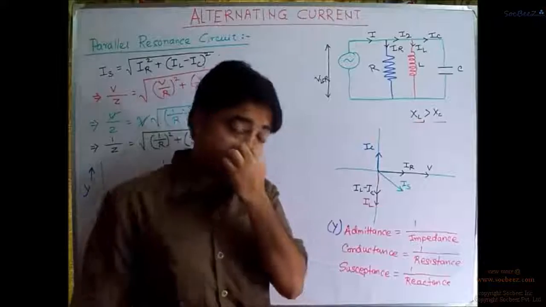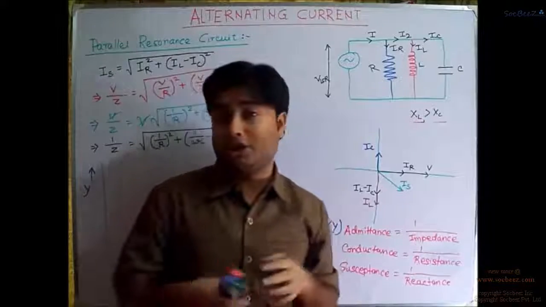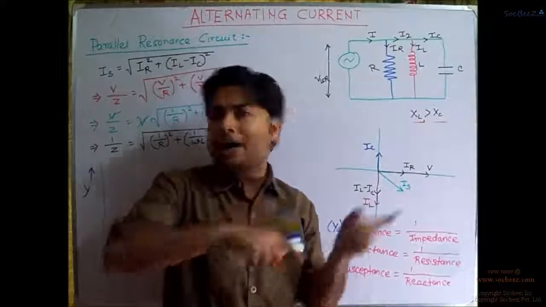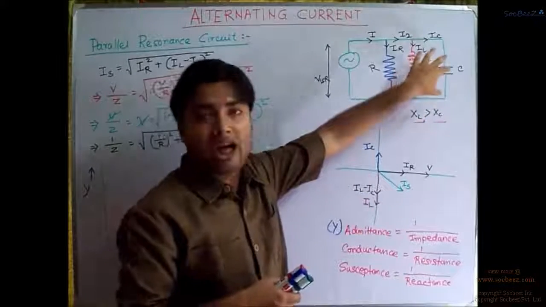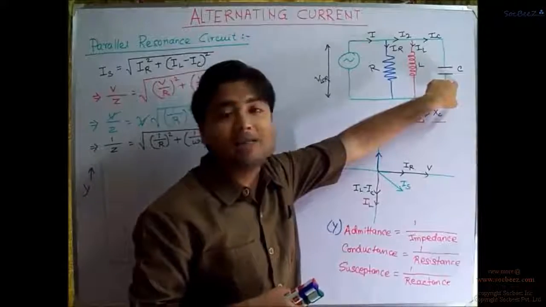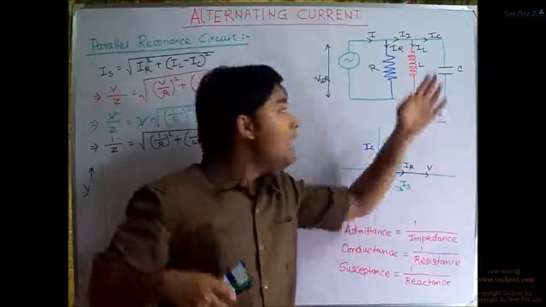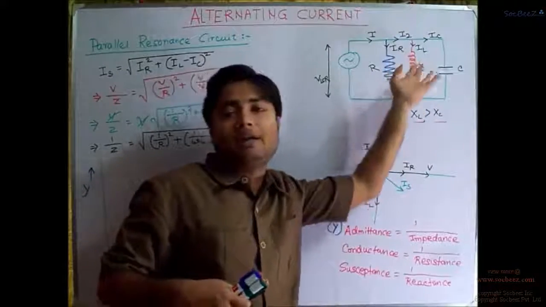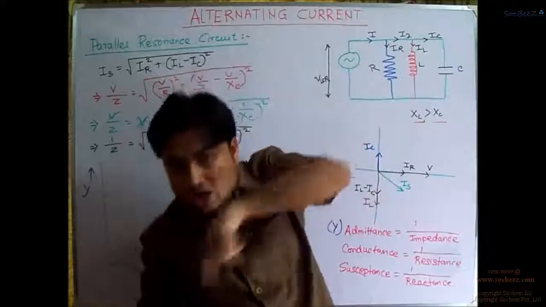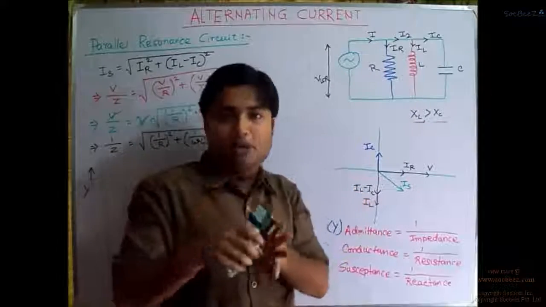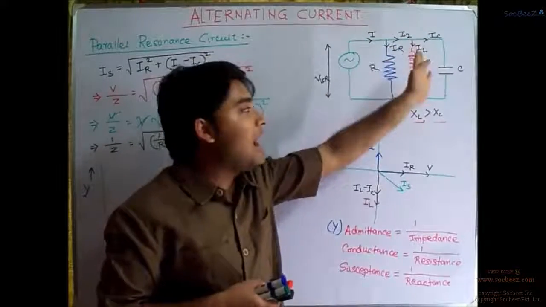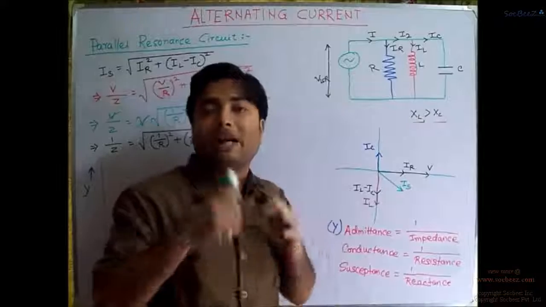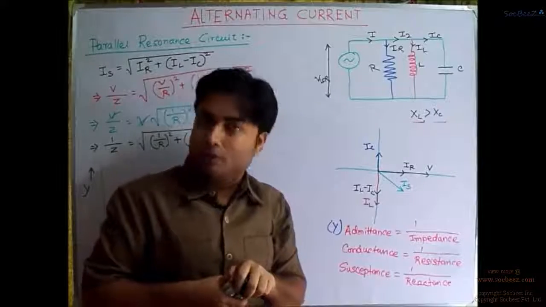Because as we have said, for example in LC oscillations, for half a cycle the capacitor de-energizes and the inductor is getting the energy. But for the other half cycle, this inductor will be de-energizing and this capacitor will be energizing at that point of time, right?